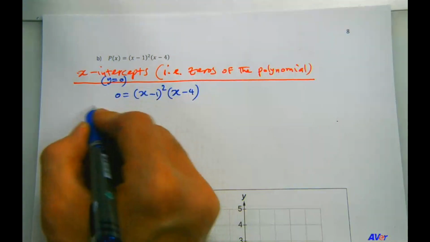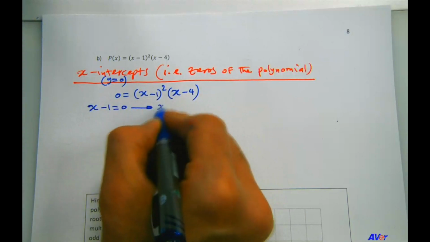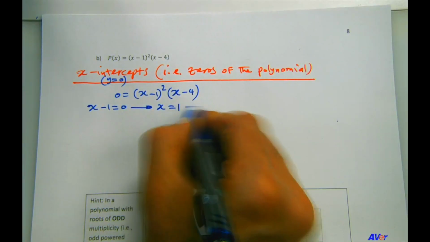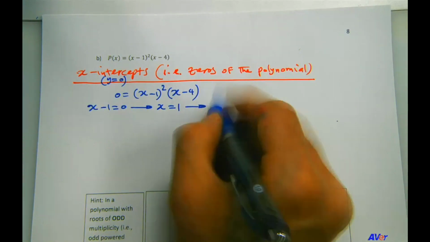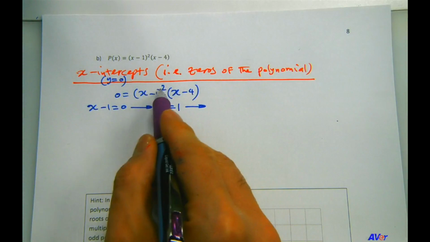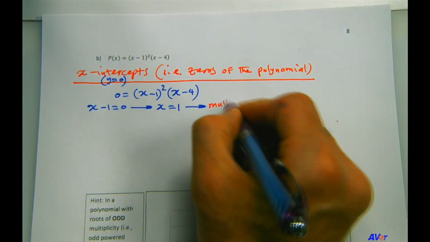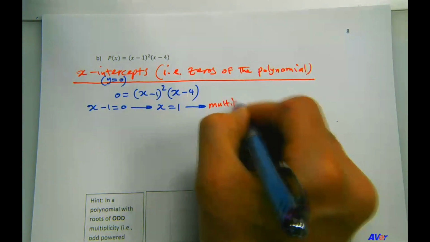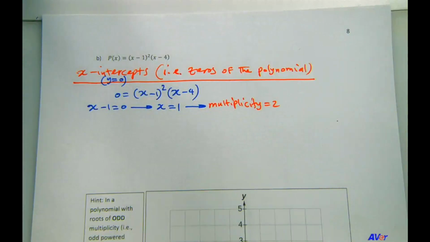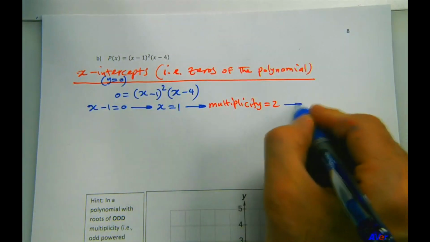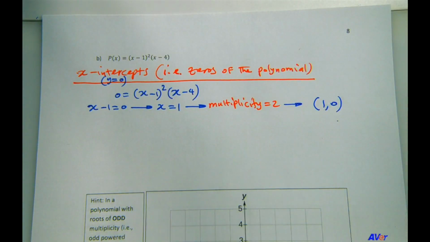That means whenever x minus 1 is equal to 0, this whole thing is 0. So x equals 1. That's one of the zeros, and the multiplicity is even, right? Because the power of that factor is 2. So multiplicity is equal to 2, and that is 1, 0, on the x-axis.